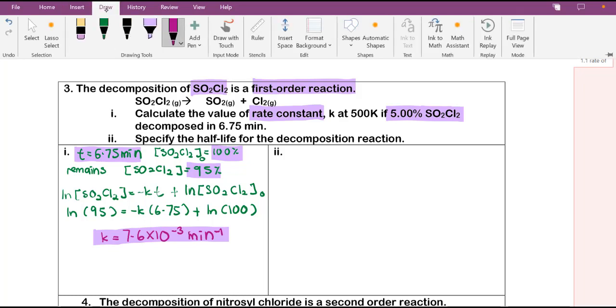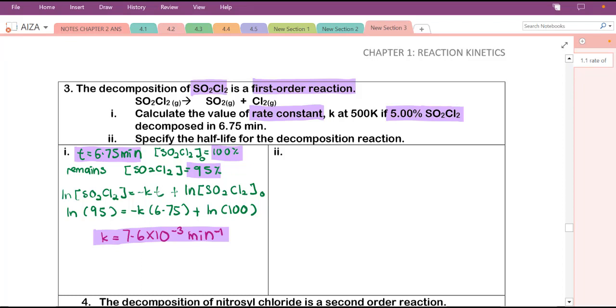Okay, next question. Specify the half-life for the decomposition of this reaction. So this is a first order reaction. The half-life formula for first order is ln 2 over k. So ln 2 is divided by the rate constant.